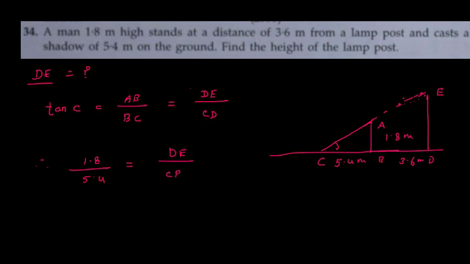So CD is what? CD is CB plus BD. So therefore 18 3 the 54. So this is 1 divided by 3. And here it is DE. Value of DE is unknown. And this sum, 5.4 plus 3.6, 4 plus 6 is 10 and 5 plus 3 plus 1 is 9. So this is 9.